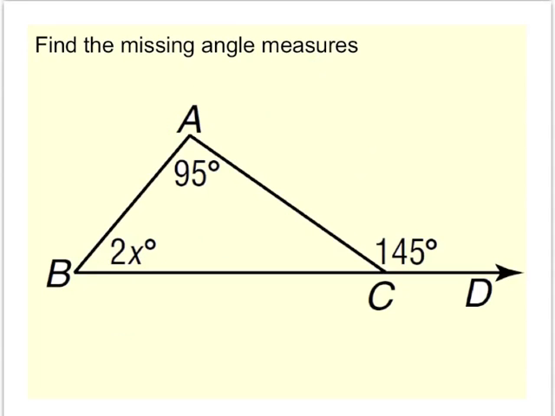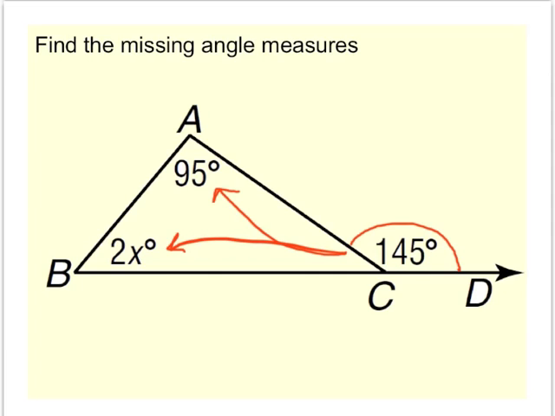Here's another example dealing with the exterior angle theorem. We've got the exterior angle 145, and its remote interior angles, again, those are the ones that don't touch the angle, the remote interiors are 95 and 2x.